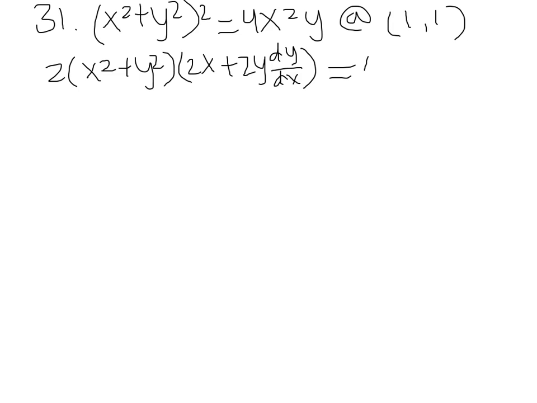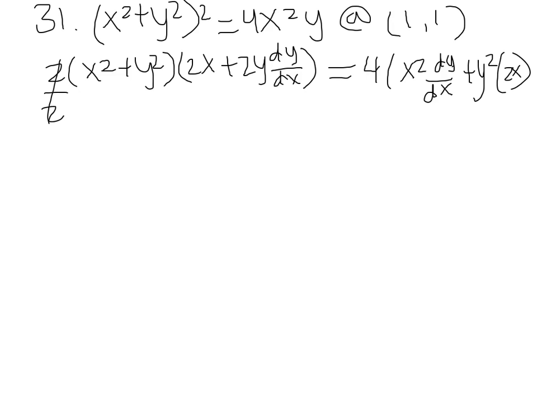So once we do that, we should get a 4x squared dy/dx. And then we're going to add that to y squared times 2x, which is the derivative of x squared.